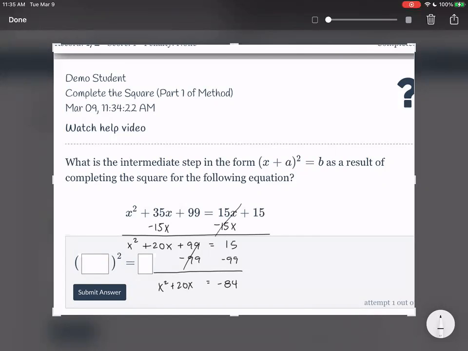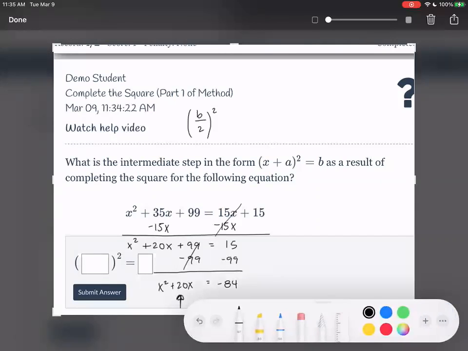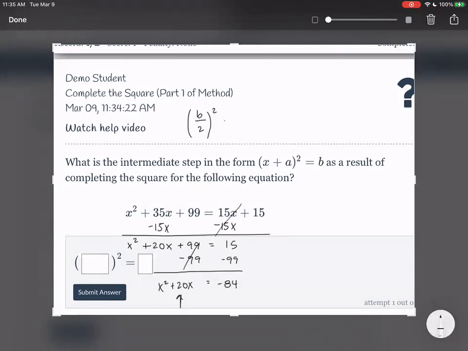Okay, and so from here, we now have all of the x terms on one side and the constant term on the other side, which is exactly what we want. Now we'll figure out what we want to add to complete the square. Remember, we're going to add this formula, b over 2 squared. What is b? It's positive 20, because it's a plus 20x. So I'm going to have positive 20 over 2 squared, which is 10 squared, which is 100.